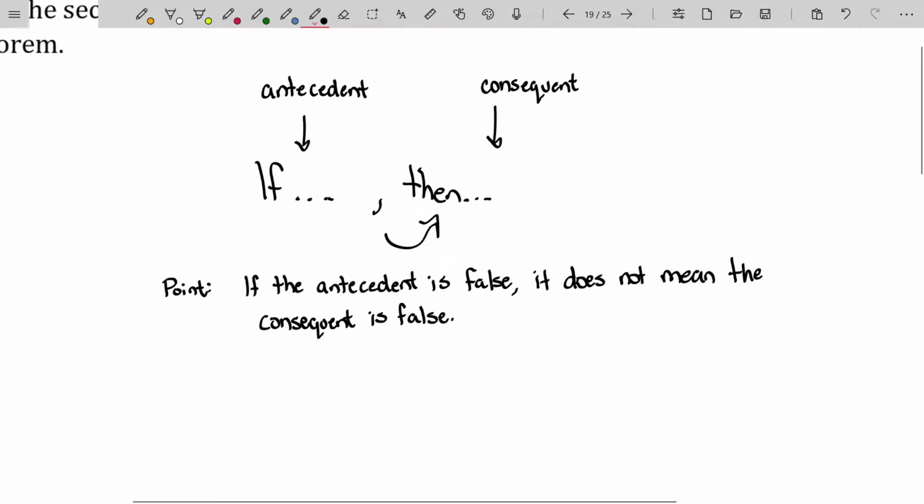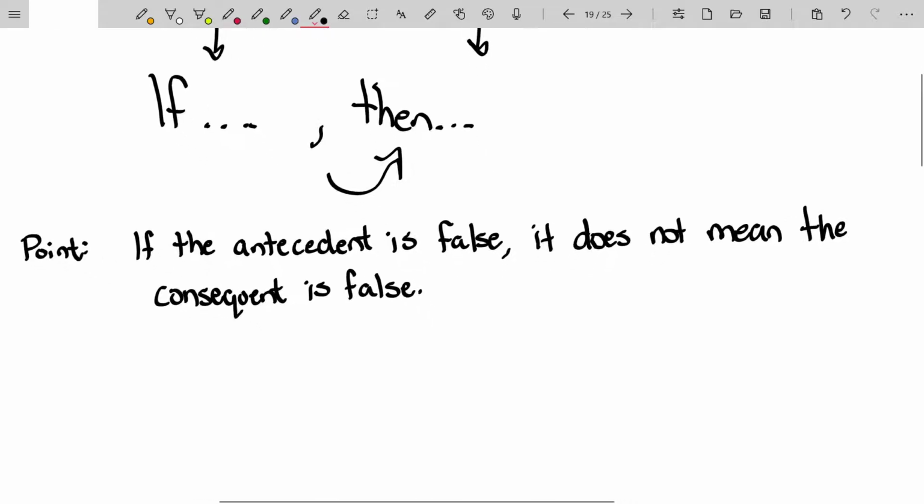The point is, if the antecedent, the if statement, is false, it does not immediately mean that the consequent is false. There are some hefty theorems in mathematics where it is the case that if the antecedent is false, then the consequent must be false. However, most theorems are not like that.